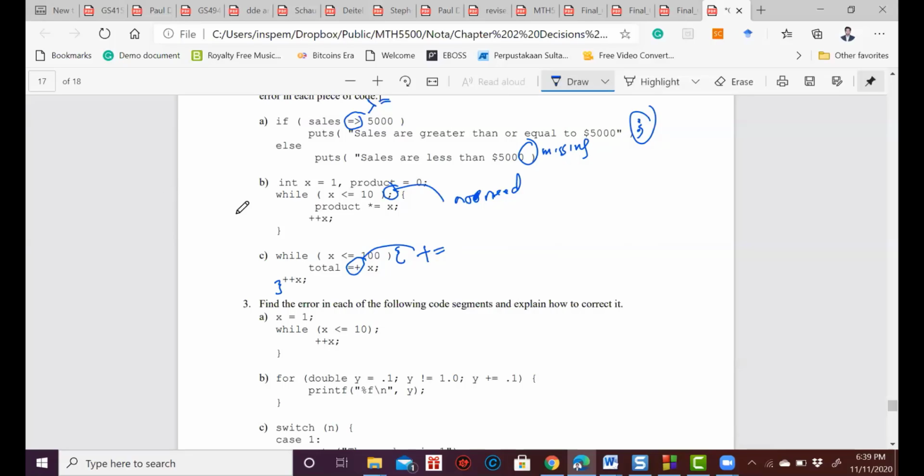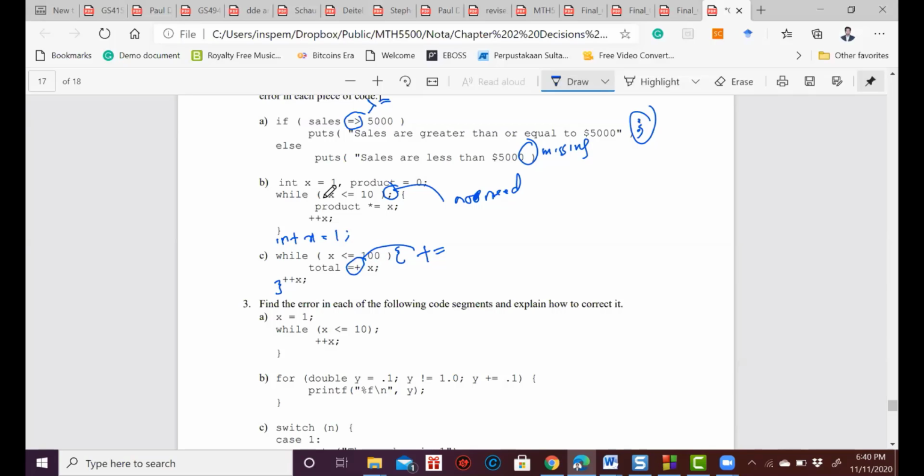So okay, never mind. This one should have an initial value for x. Maybe integer x equal to 1, for example. Initial value for x. For looping, the format should have an initial value for the counter x, the stopping criteria, and the update value.